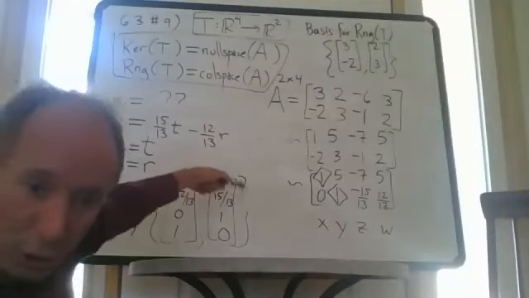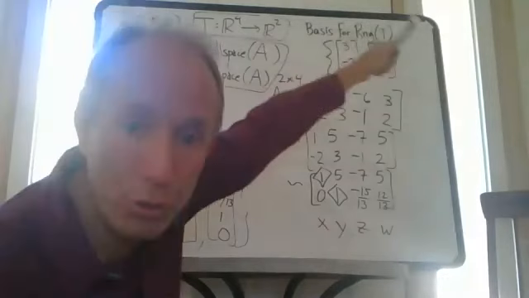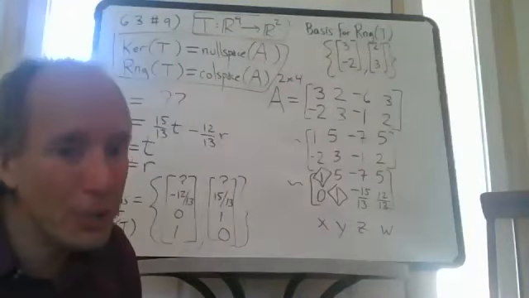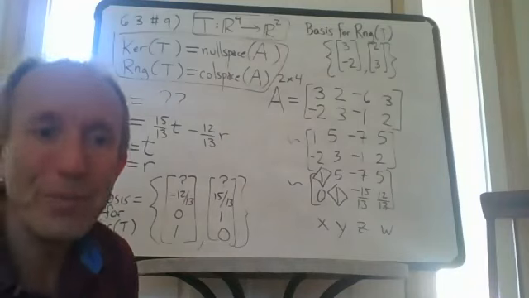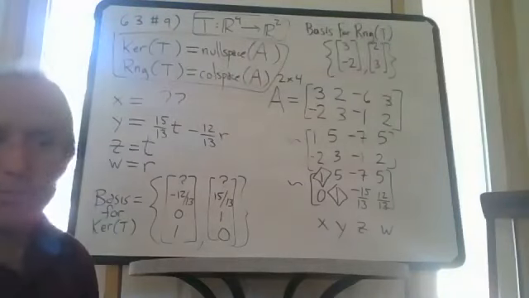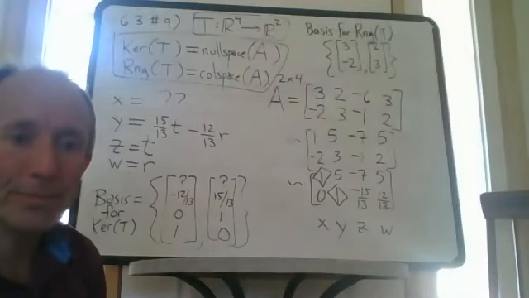So here we have a 2-dimensional kernel and a 2-dimensional range. 2 plus 2 gives us the 4, right? So that all more or less makes sense.